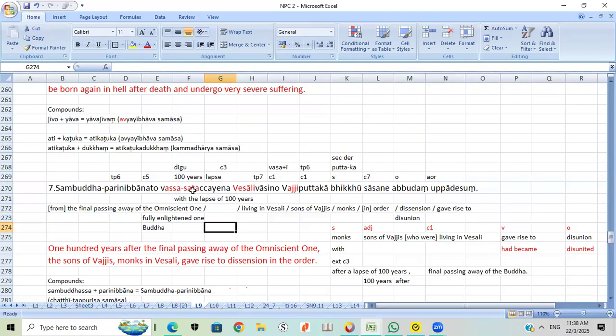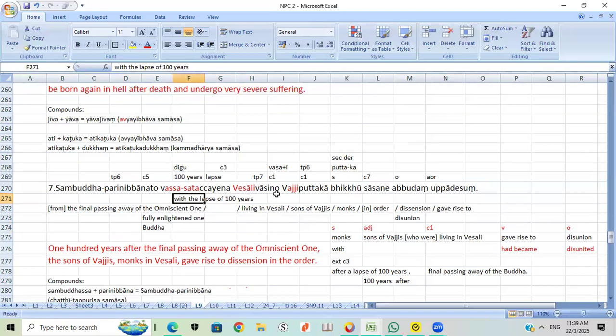That means this, the red one, is 100 years. So here is the lapse, the lapse of 100 years, or after 100 years. You see, after my translation will be changed already.